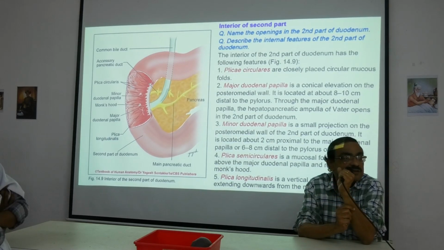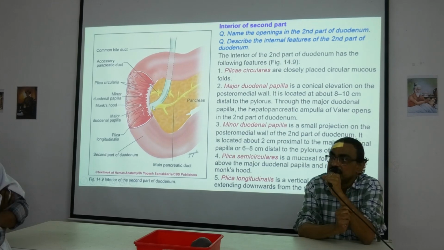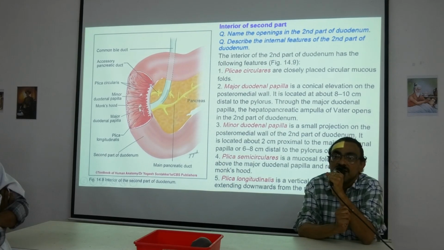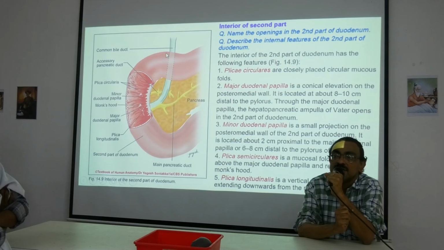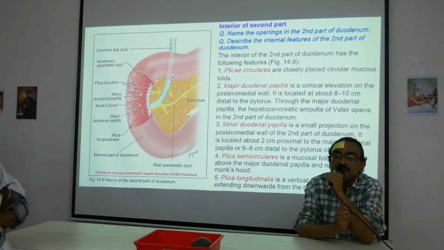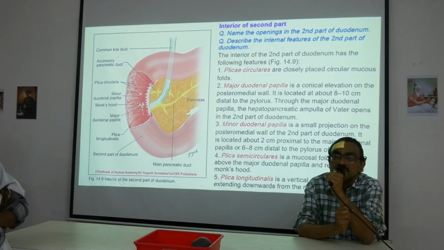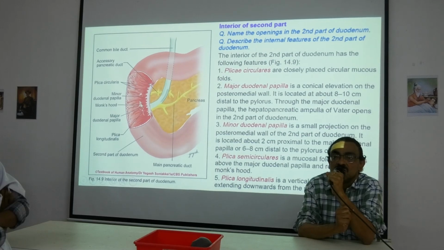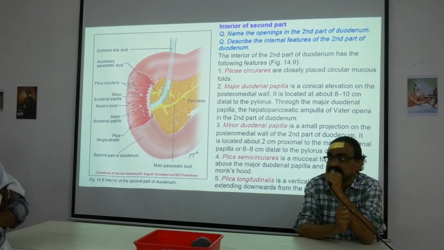And what is the location of the major duodenal papilla? It is around 8 to 10 centimeters distal to the pylorus.